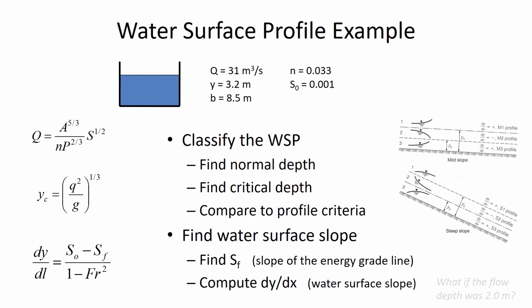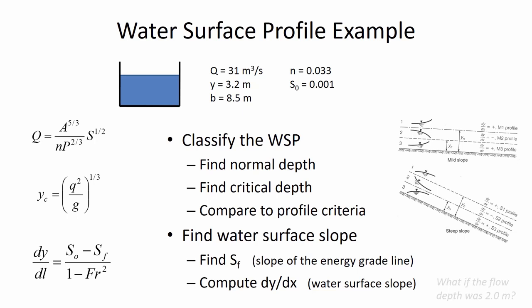All right, so just to speed things along, let me show you our normal depth and our critical depth. First of all, the normal depth, using Manning's equation: 31 cubic meters per second is 8.5 times y sub n.